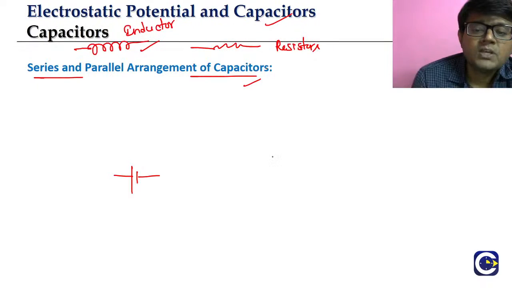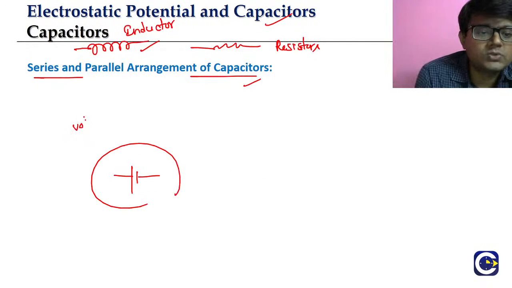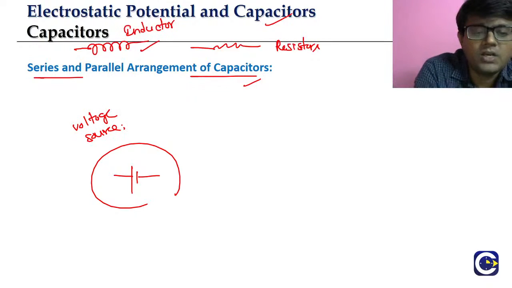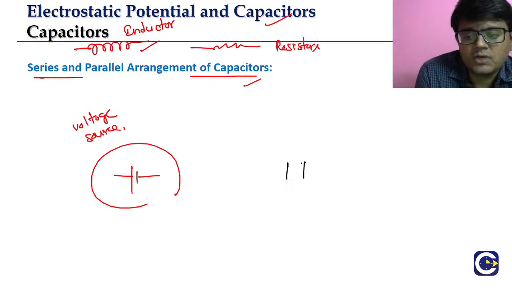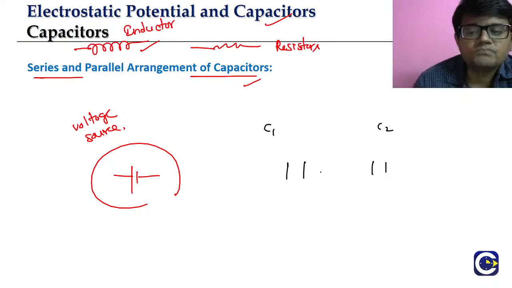Look here, you have a capacitor. This is the voltage source. Generally in our circuits there will be a voltage source, which can be a battery or a cell. Suppose you have a capacitor with capacitance C1. There is another capacitor C2.